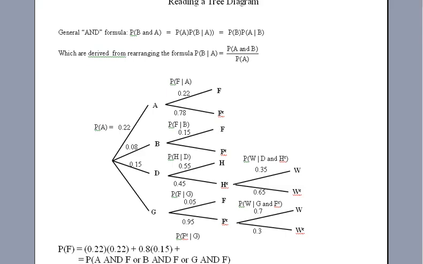The probability of G is 55% times the probability of F given G, which is labeled as 5%. And there it is. Calculating this product and sums will give me the probability of event F occurring.